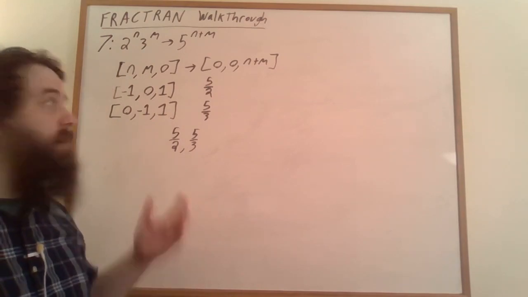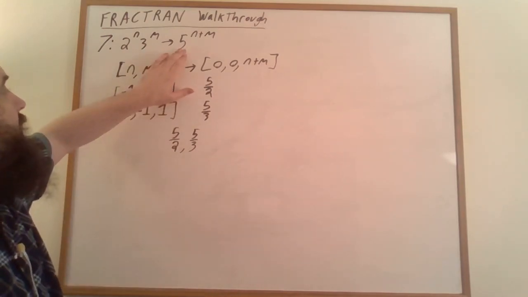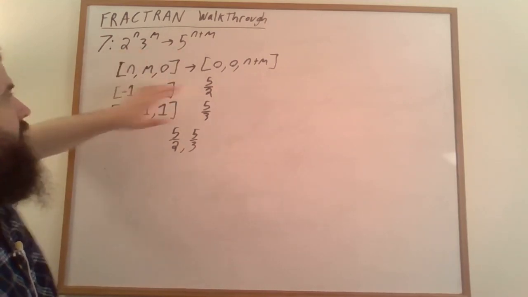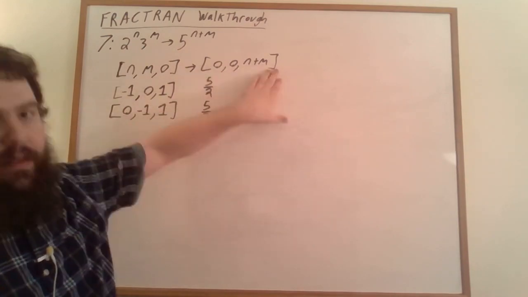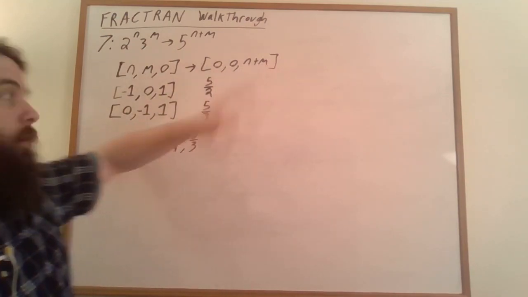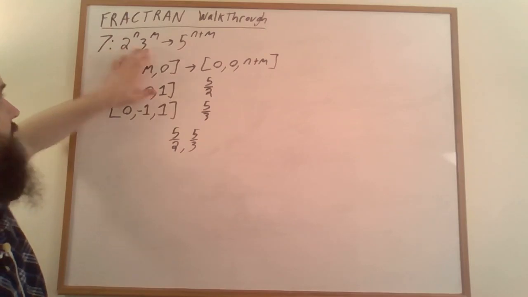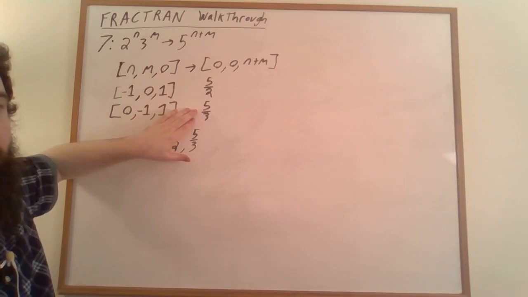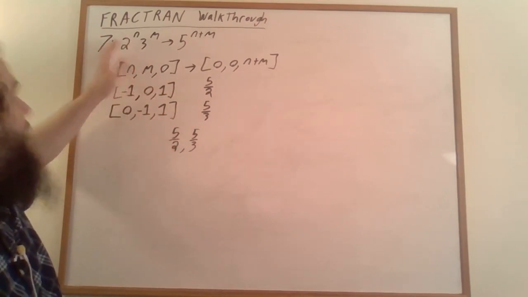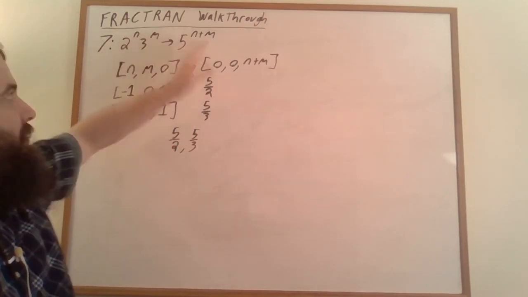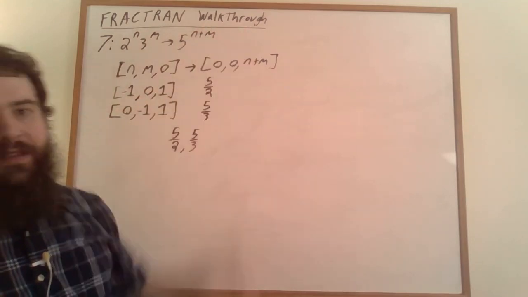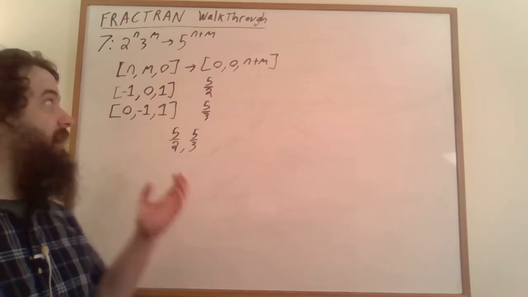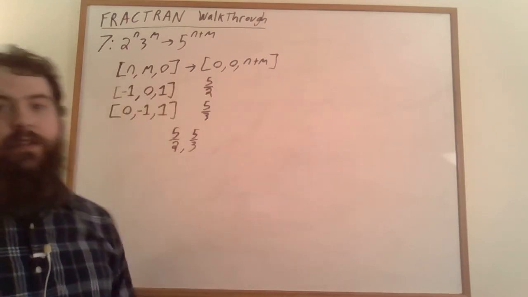The problem is, if we somehow figured out a way to move data from the 5's place back to the 2's and 3's place, so that we had n, m, n plus m, our program would want to take the data in the 2's place and the 3's place and multiply it by 5 halves and 5 thirds, and that would get rid of the data here and put data that we didn't want in the 5's place. We're going to have to be extra tricky in order to come up with a version of addition that doesn't clear the input registers.